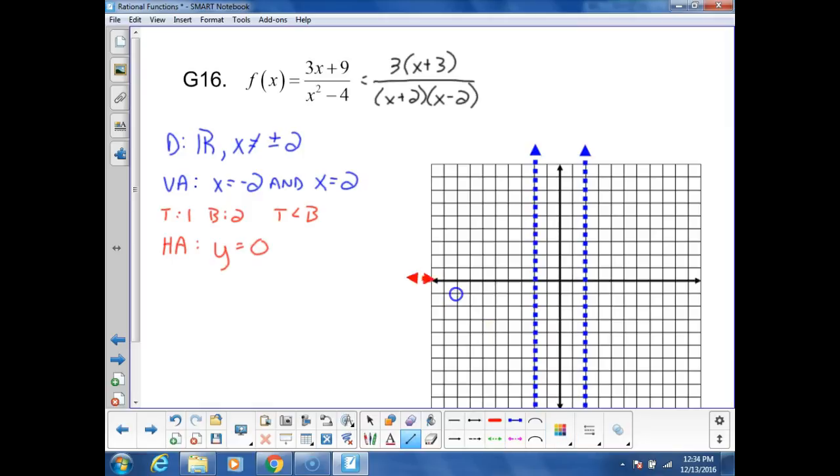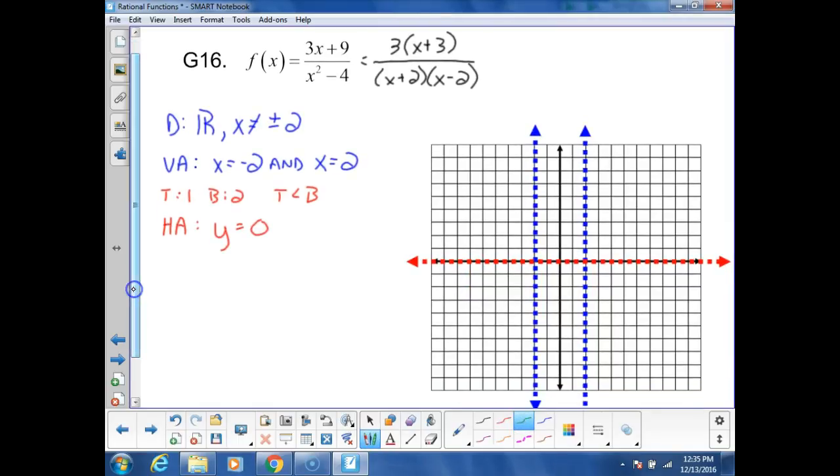So far, I'm still with you. Yeah, I got it. Y-intercept. Why do you use the other function? Because there's only 2 x's that I have to put into it, as opposed to 3.